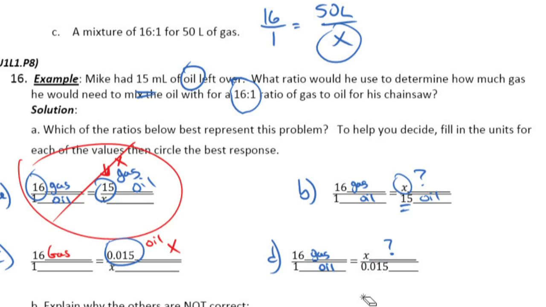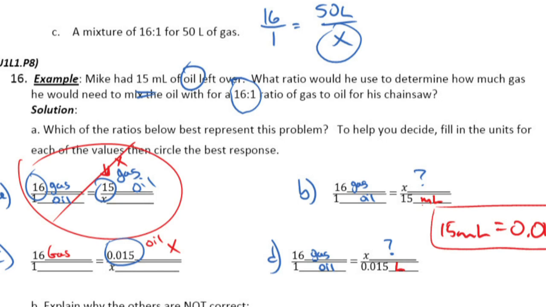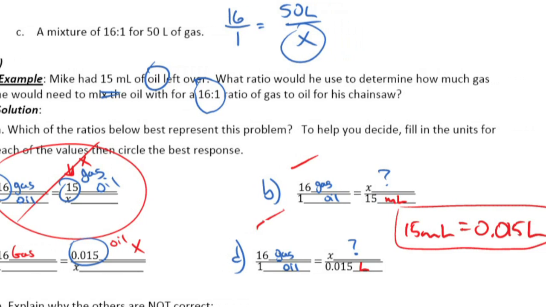So the decimals are different here, right, in the bottom. What I'm thinking is this 15 on the bottom is just milliliters, and then this 15 is in liters, because 15 milliliters is equal to 0.015 liters. That's the conversion from milliliters to liters. So both B and D will work.